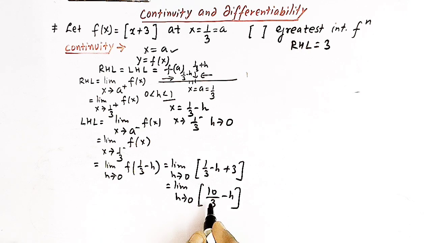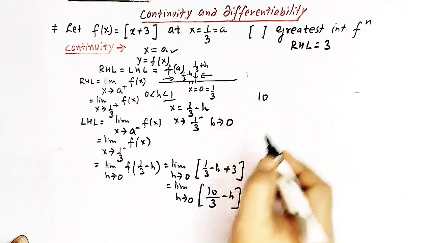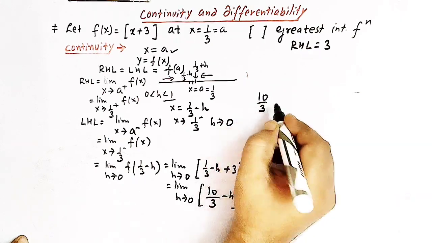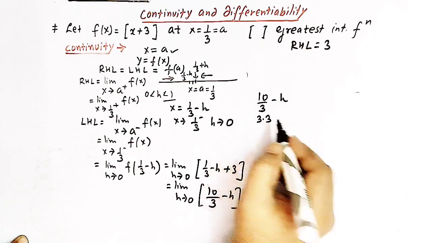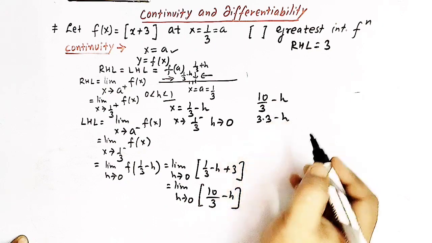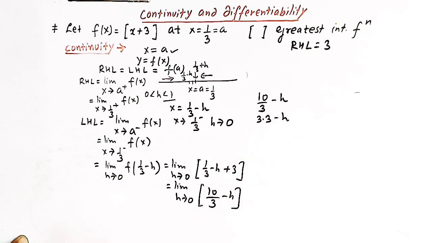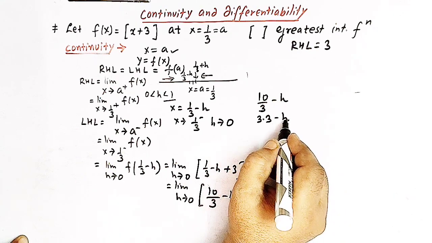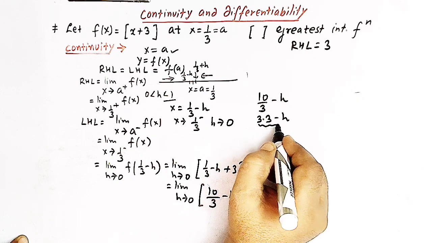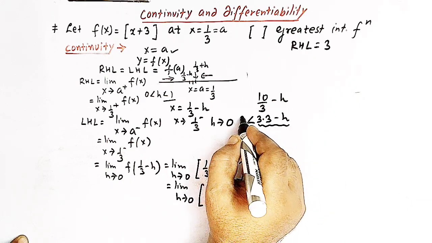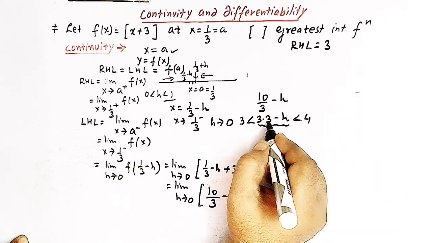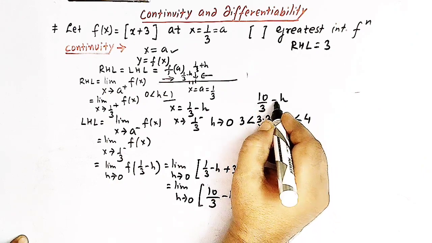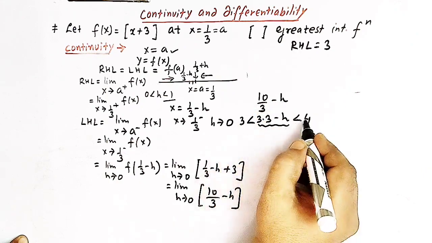So again, we have this expression, 10 over 3 minus h. Now 10 over 3 is approximately 3.3, and here we have minus h. So h is again infinitesimally small. So when we subtract h from 3.3, this number is again greater than 3, but it is less than 4, right? So 3.3 minus h, or 10 over 3 minus h, lies between 3 and 4.